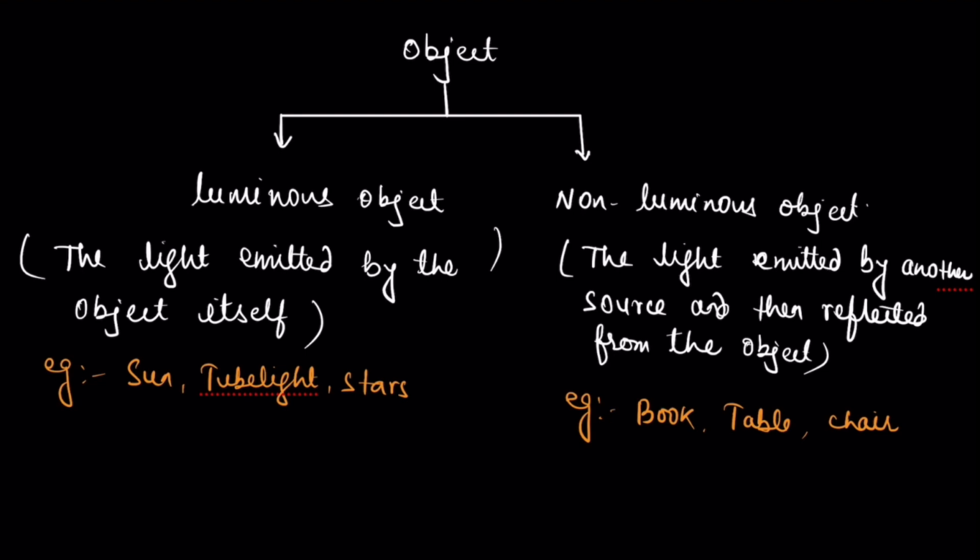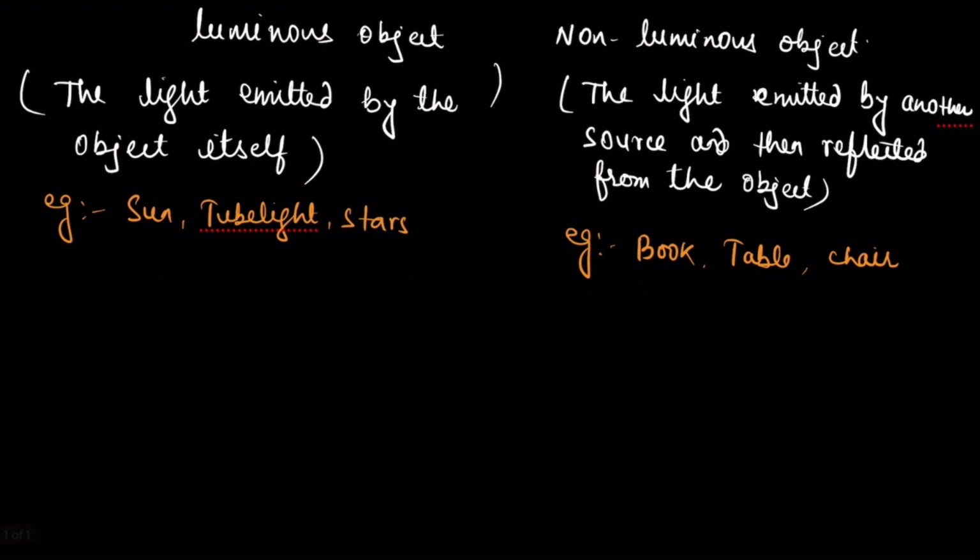So let's understand how this works. How we can understand the concept of luminous and non-luminous object with a simple example. Here is our sun. As we just studied, sun releases its own light. So many incident rays will come out like this.